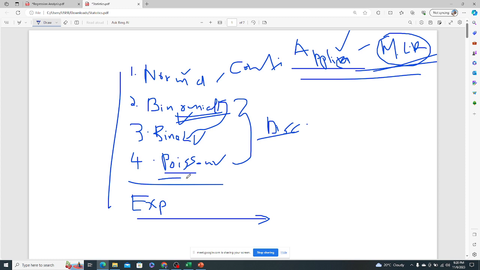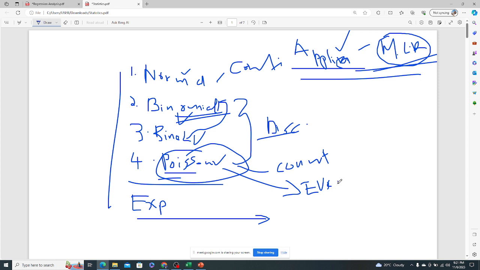For example, Poisson is discrete, also known as a count distribution, and it involves a count of events. Of course we cannot have 3.2 events. It's either 1, 2, 3, 5, or 20 events occurring.